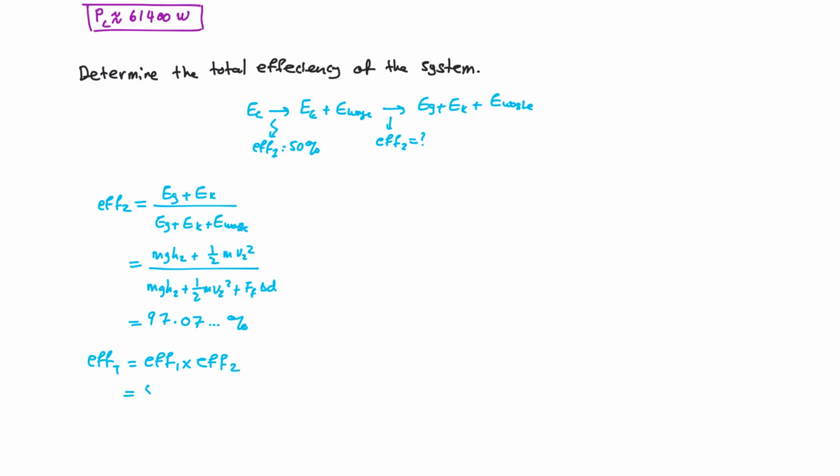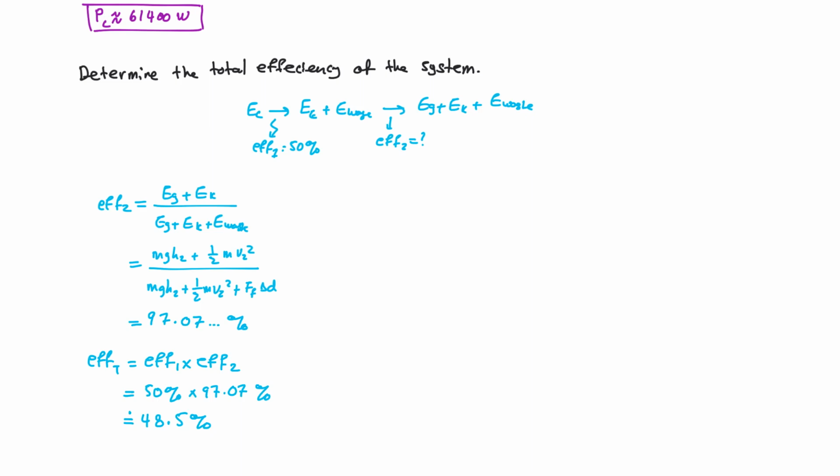And in this case, that's 50% multiplied by 97.07%. And that's going to equal approximately, I'm just going to write it in 3 significant figures, 48.5%. That was one of the methods of solving this.